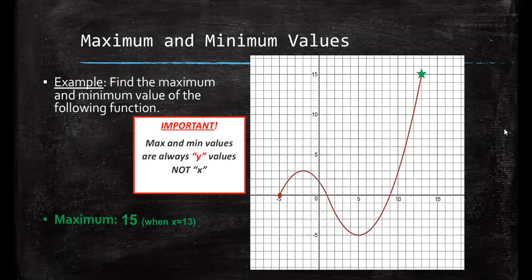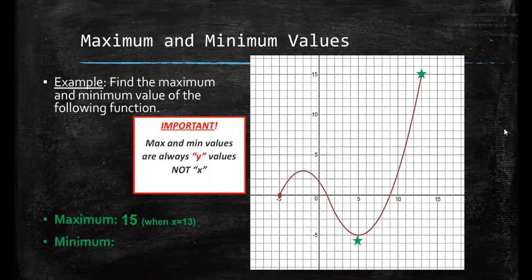Can you then find the minimum? And on this one, it gets maybe a little bit tricky just because it's not where the graph starts. Minimum and maximum values do not have to be where the graph starts and ends. The maximum here happened to be when the graph ended, as we're looking at it from left to right, but the minimum will actually occur where it hits its lowest point, which is here, somewhere in the middle, right?